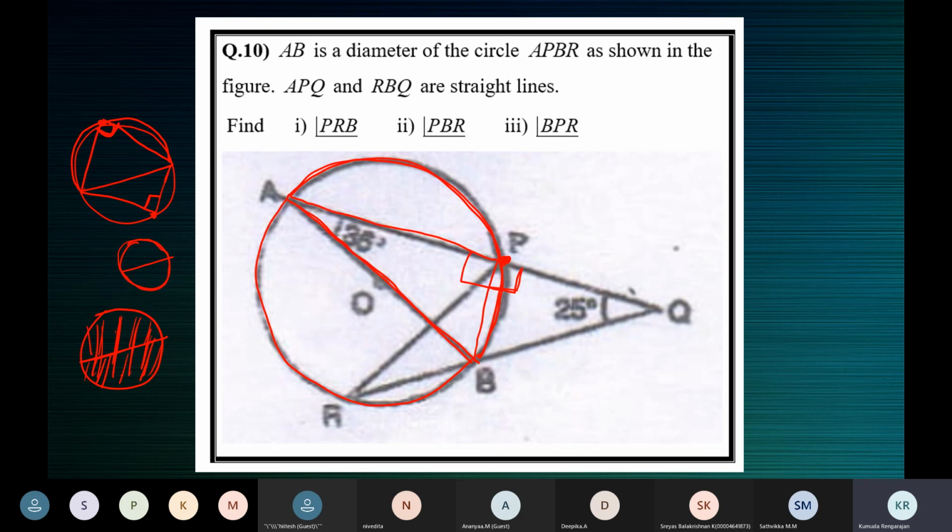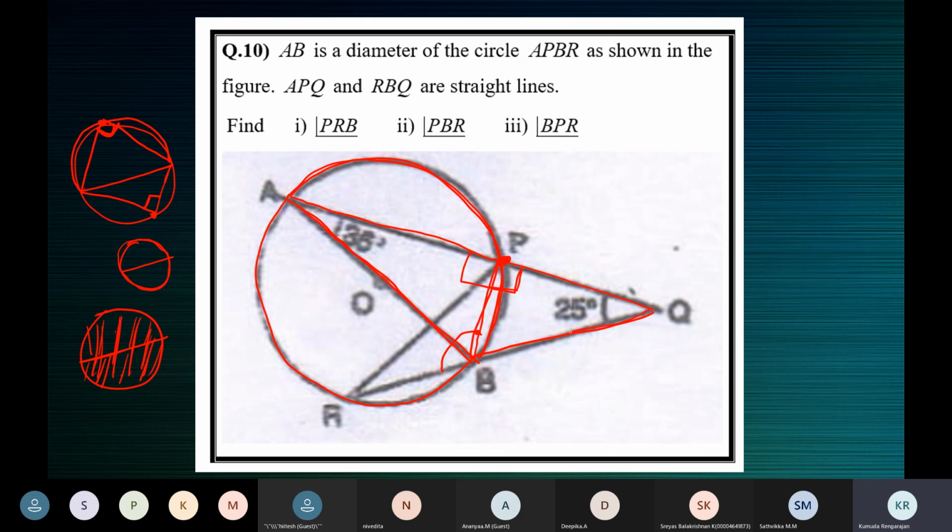Now, by using the exterior angle property in a triangle, angle PBR, see here, this angle. PBQ is a triangle.